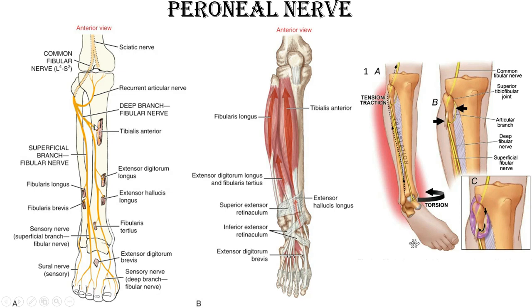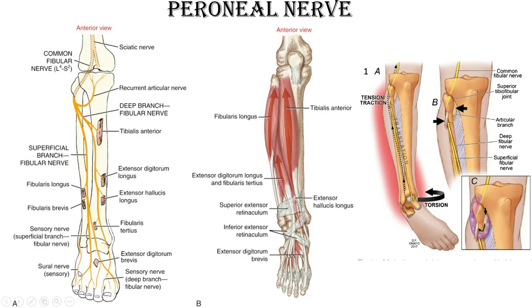Then it gives the anterior branch to tibialis anterior, extensor digitorum longus, extensor hallucis longus, and fibularis muscle. The superficial branch supplies peroneus longus and peroneus brevis, and also gives sensory branches to the superficial area of the dorsum of the foot.